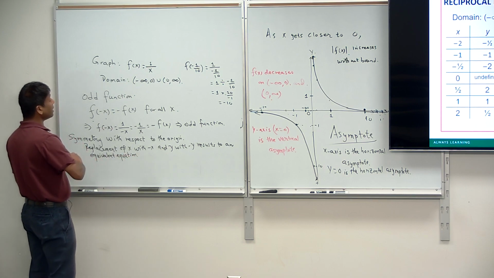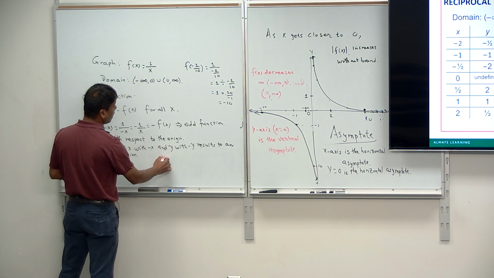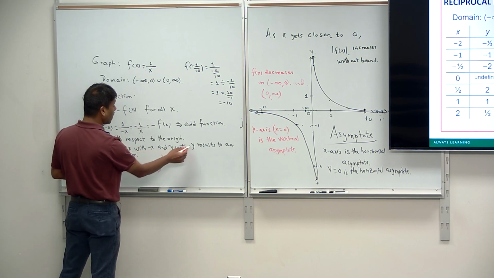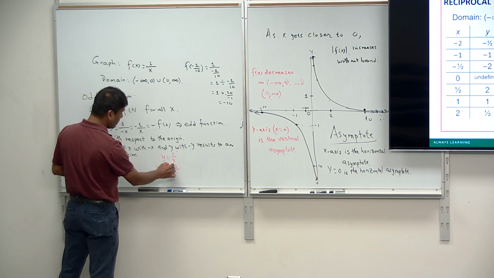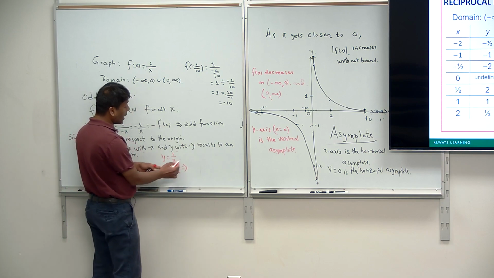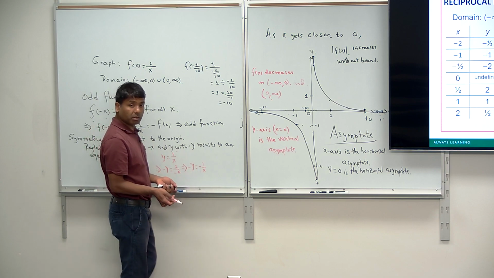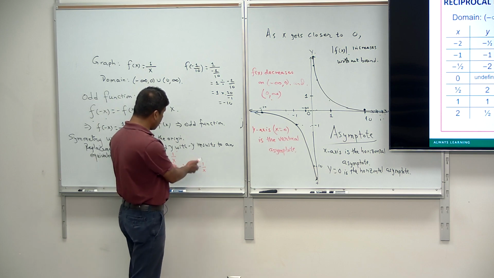So if you replace x by negative x and y by negative y, your original equation is y equal to 1 over x, right? You replace y with negative y and x with negative x. So you have negative y equal to negative 1 over x. You multiply both sides by negative 1.